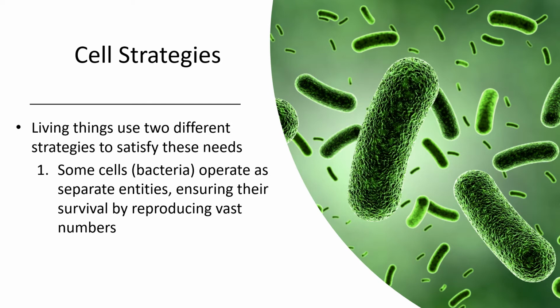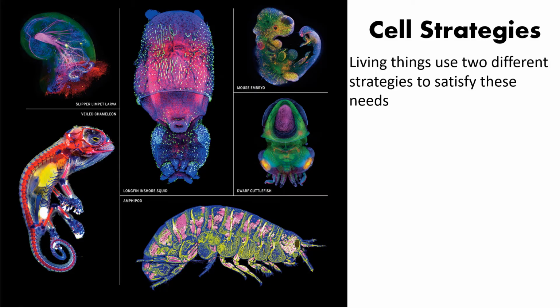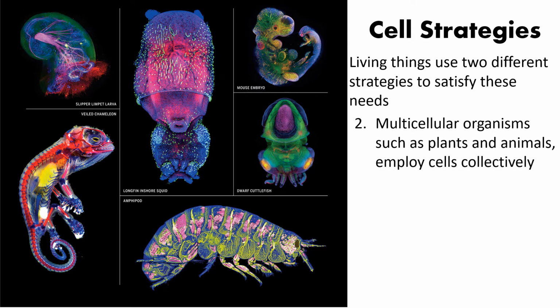And they are going to reproduce at really fast rates, and that's going to allow them to survive. Now, other organisms, for example, us, are going to be multicellular. And in the multicellular groups, we're going to have plants, animals, fungi. These are going to have cells, but they're going to work collectively.